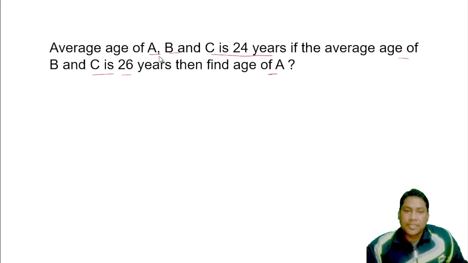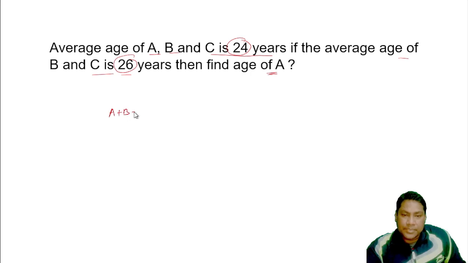The average age of A, B and C is 24 years. Again the average age of B and C is 26 years, and in the next part they have asked the age of A. The formula of average is the sum of observations. Here the observations are A, B and C, so we will write it as A plus B plus C.